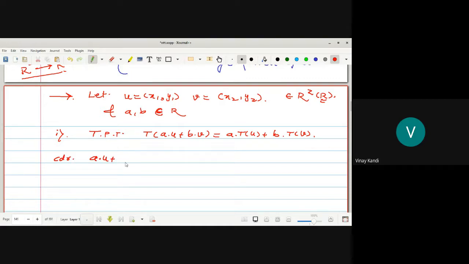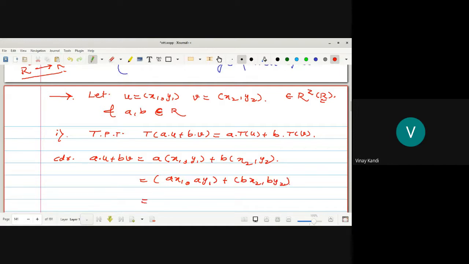First find out what this element is. Here a times u, which is (x1, y1), plus b times v, which is (x2, y2). This is (ax1, ay1) plus (bx2, by2).